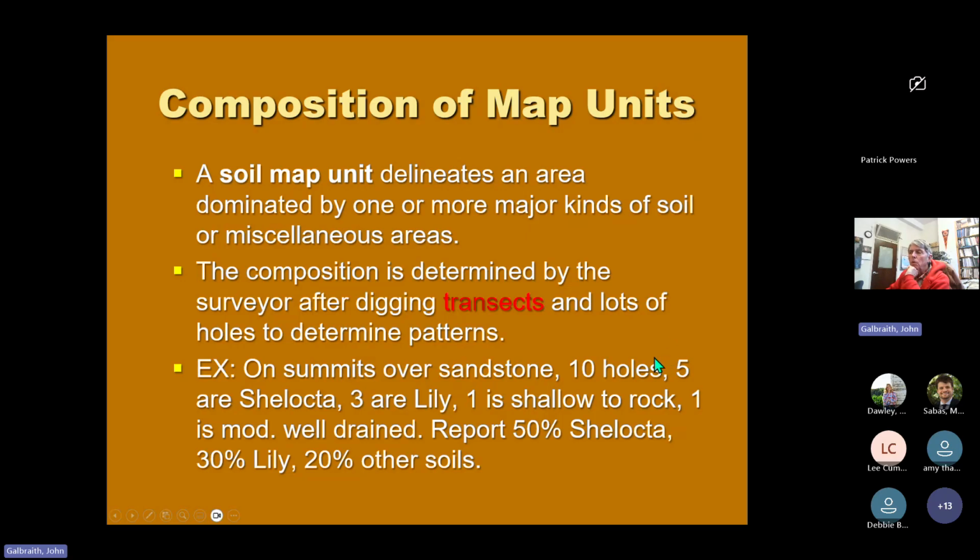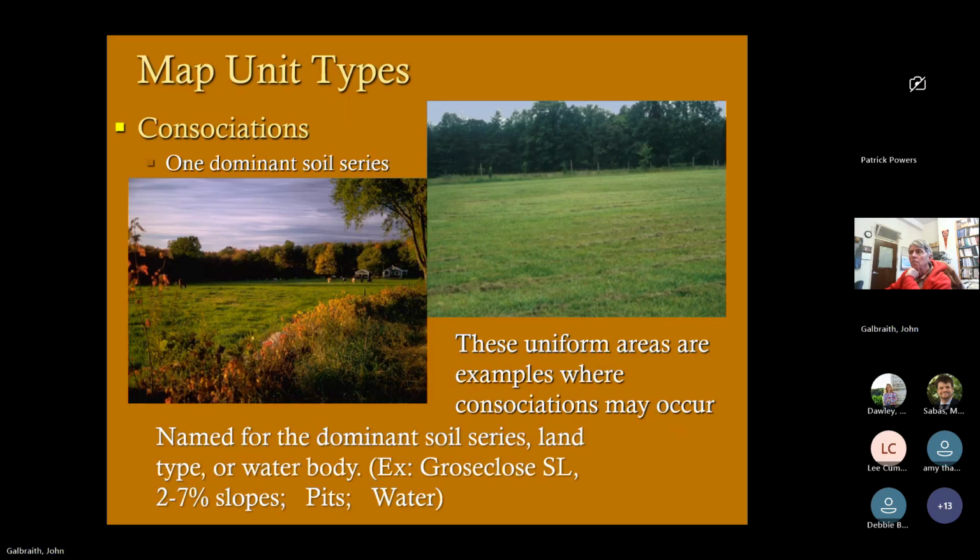All right. So when the map unit is drawn out, it's a line on the map that indicates a landscape position, and it names the dominant 1 to 3 soils in it. It tells what the average slope is, and it tells whether the area is flooded or not, and it tells you what the surface texture is of that dominant soil.